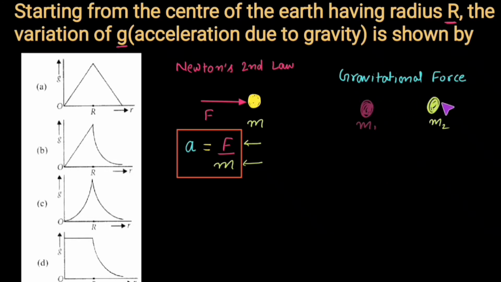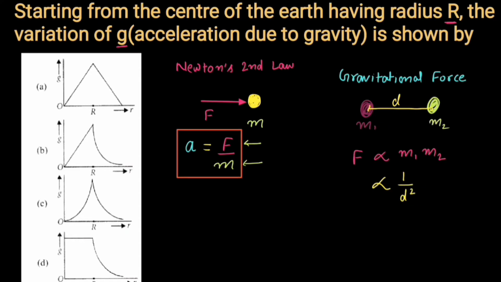The magnitude of this gravitational force F is proportional to the product of the masses, that is m1 into m2, and it is also inversely proportional to the square of the distance d between these two objects.